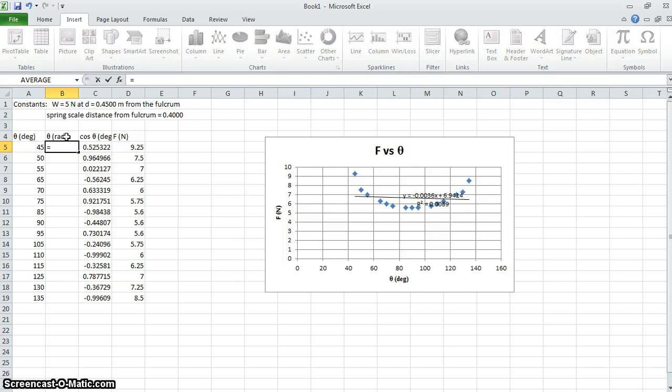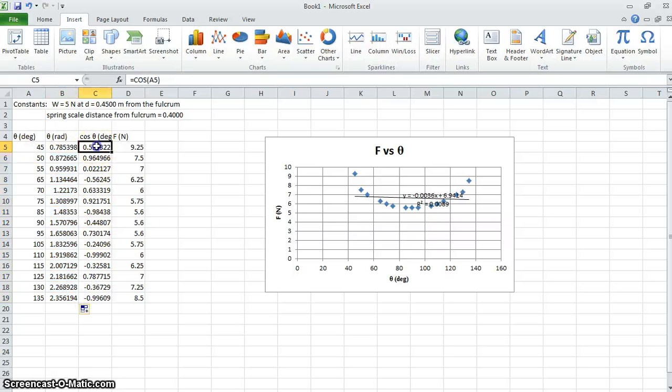I multiply pi times this angle divided by 180. Now, I don't want A5, I want B5. And now I can copy and paste this. So now notice at 90 degrees, I'm going to get something pretty much 0 there.